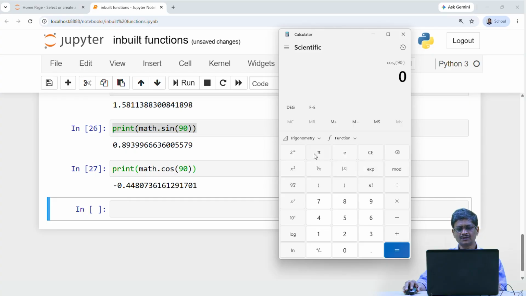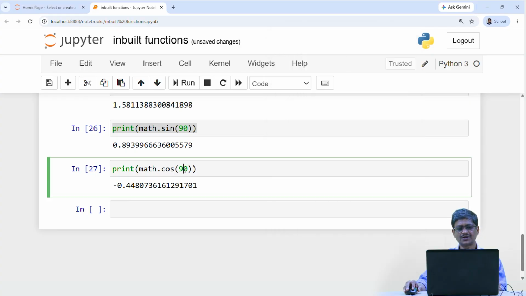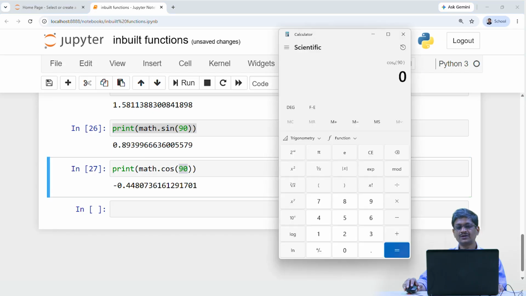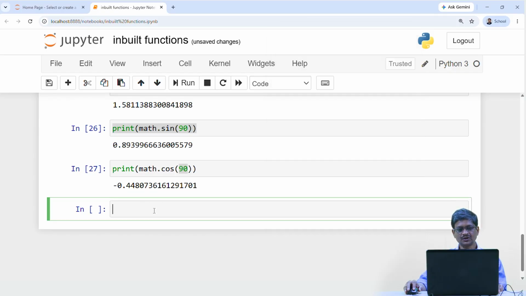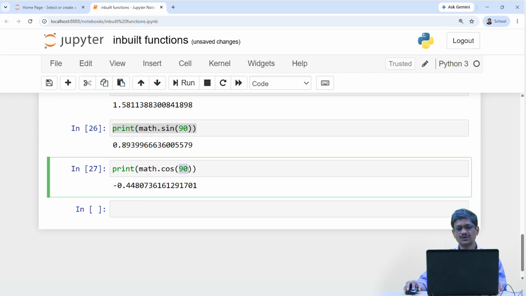Again the reason is simple, because Python is treating this 90 as the value which is given in radians. So if you convert this into radians and I say 90 and then use cos, see I'm getting the same answer. So basically whenever you are using trigonometric functions in Python, you have to ensure that whatever values you are giving should be in radian mode.